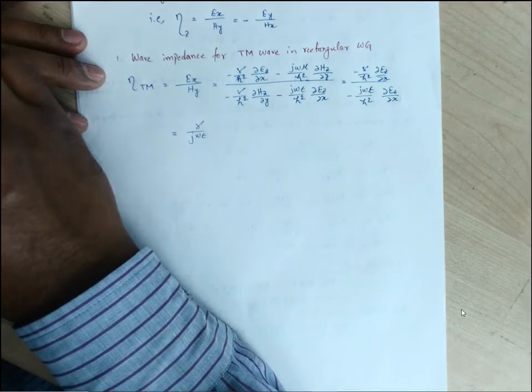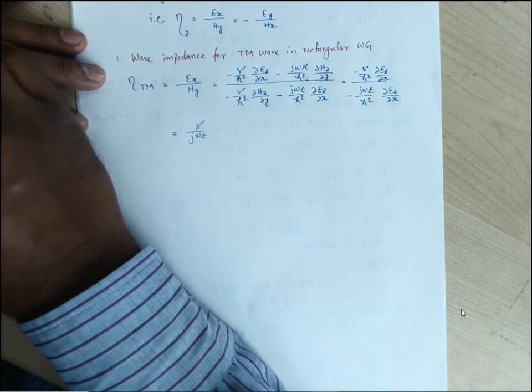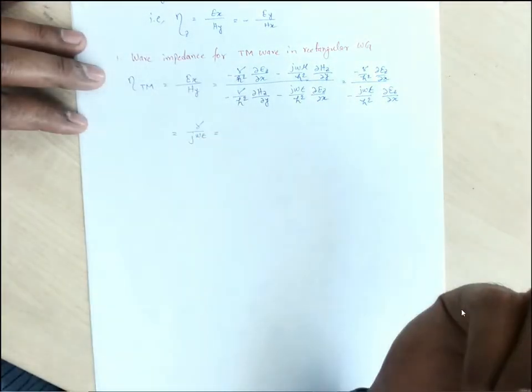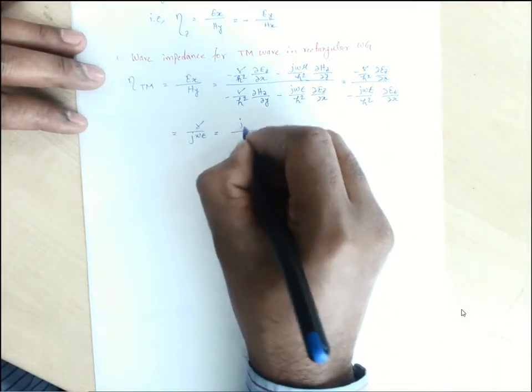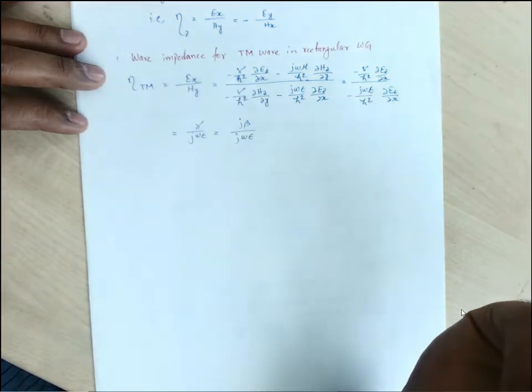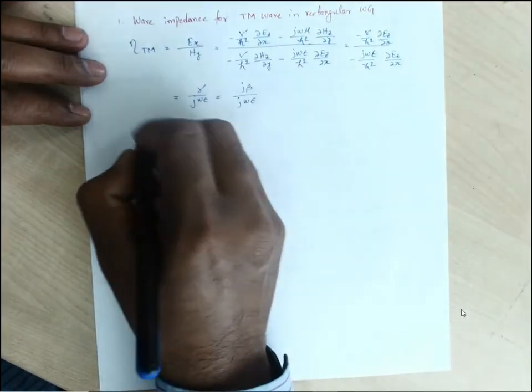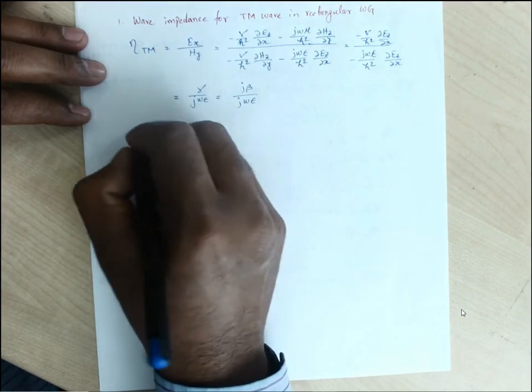For the lossless condition, where alpha is considered as 0, no attenuation, we can directly write gamma as j beta. So this is beta by omega epsilon.